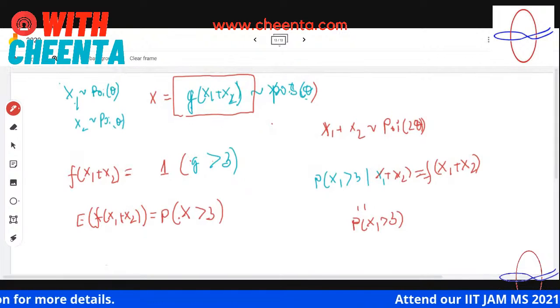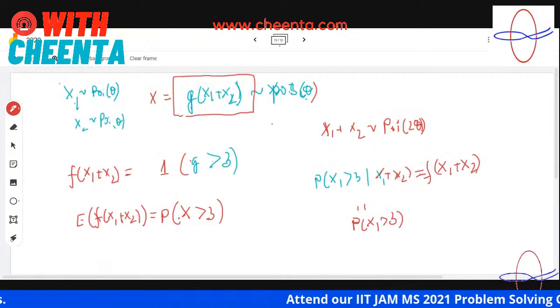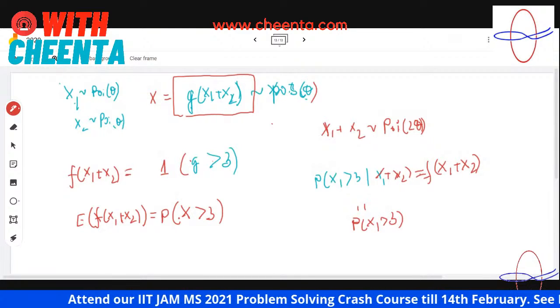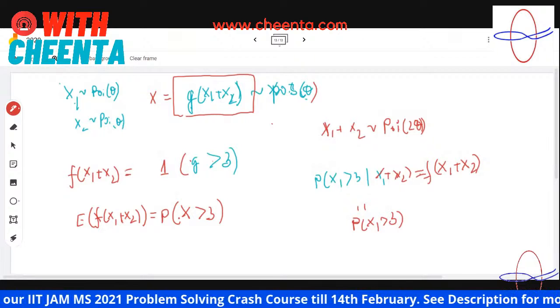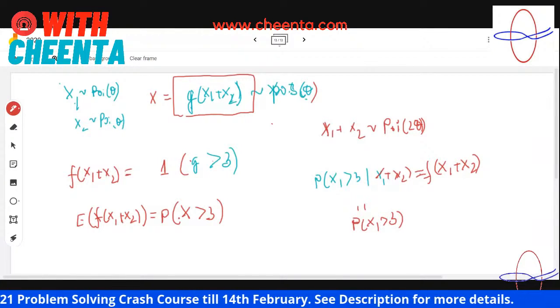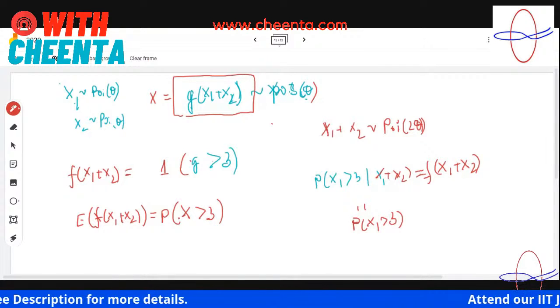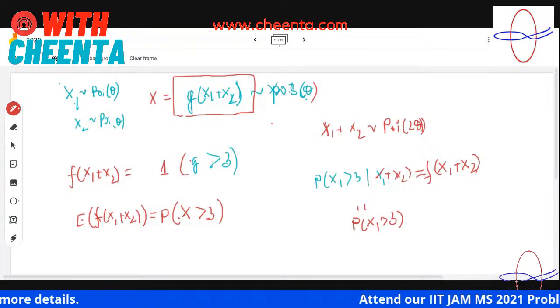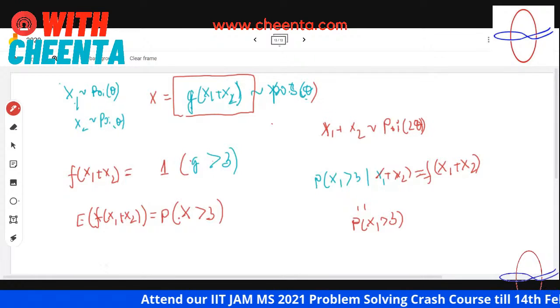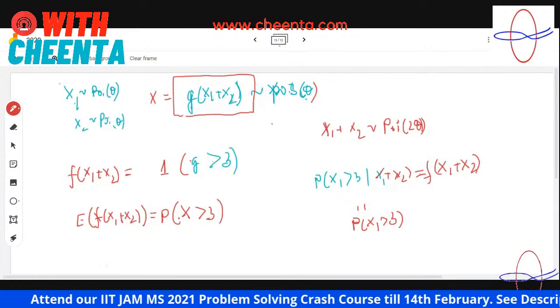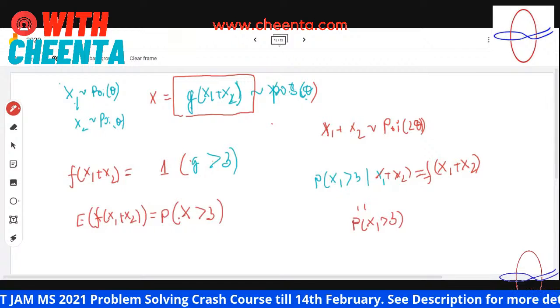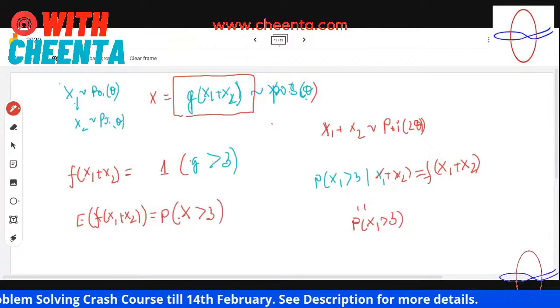See, what I am interested in is this. No, G is essentially indicator x1 greater than 3.